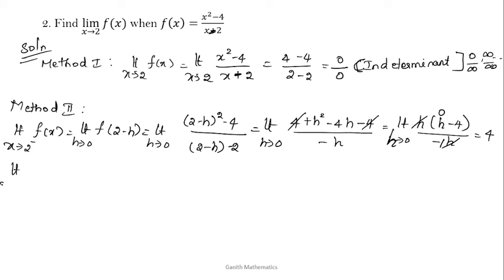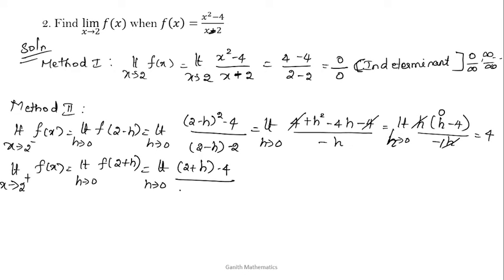Similarly, limit x tends to 2 plus f of x is equal to limit h tends to 0 f of 2 plus h, that is limit h tends to 0, 2 plus h whole square minus 4 divided by 2 plus h minus 2, which is equal to limit h tends to 0, 4 plus h square plus 4h minus 4 divided by, 2 minus 2 will get cancelled, there will be h alone.